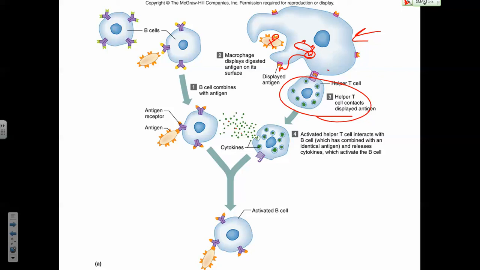So if you did not have helper T cells, that's going to really slow down the immune response in general, because you won't be able to produce fast enough clones, big enough clones. Without the helper T, the B cells don't work as well, and that's probably why your book goes through the T cell stuff before it does B cell. But I just don't like to do it that way.